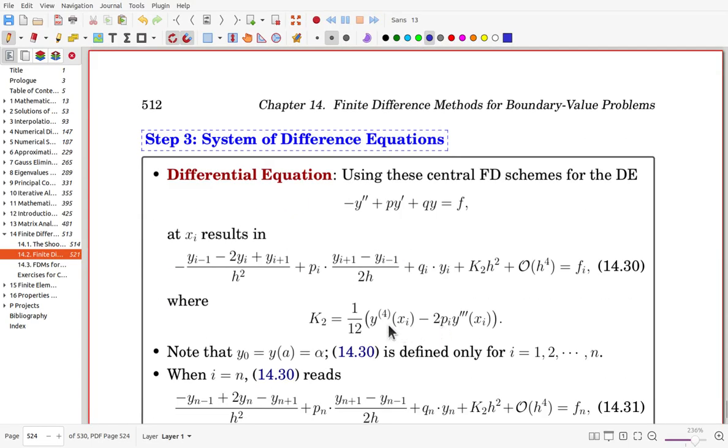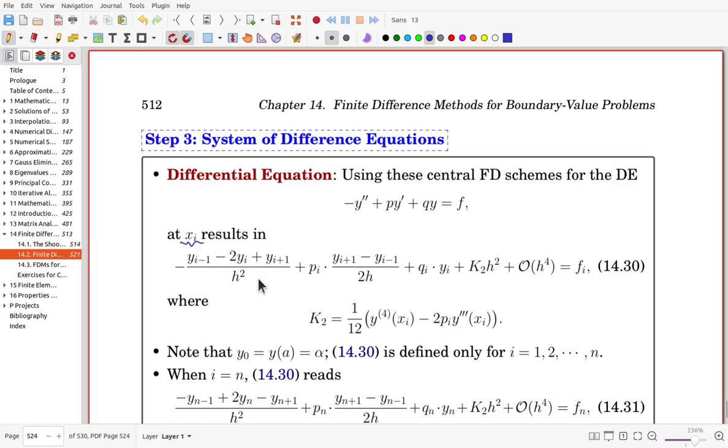Okay, now in the third step, we have to gather the finite difference equations for this differential equation. For y double prime, minus y double prime, here we have minus, there's an approximation at x i, and there is x i, and that one.